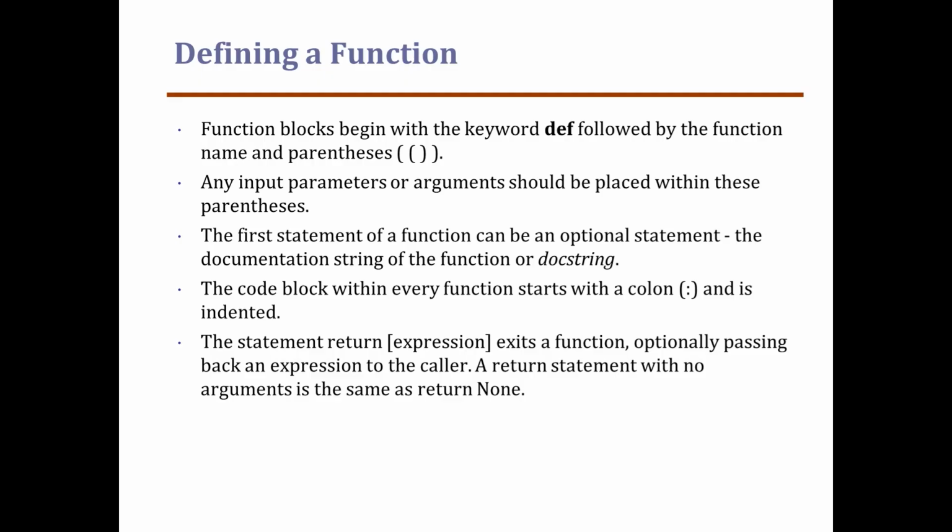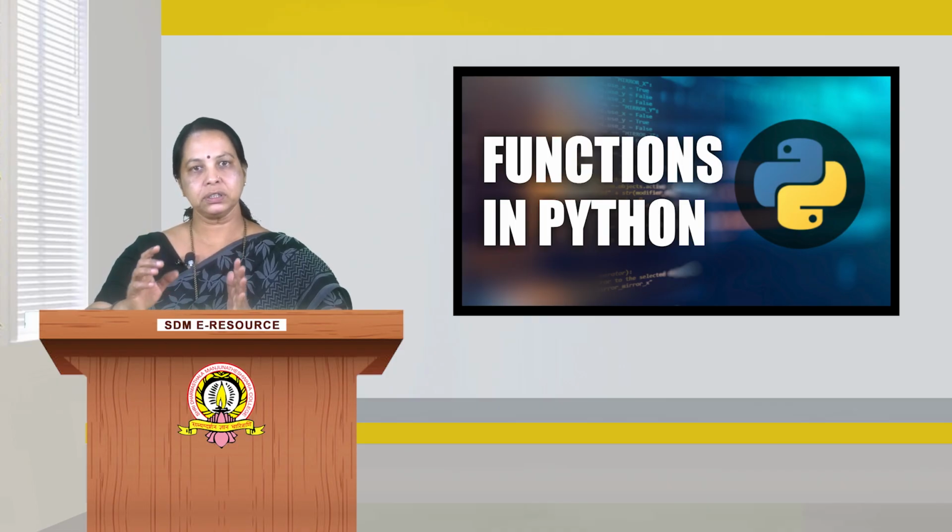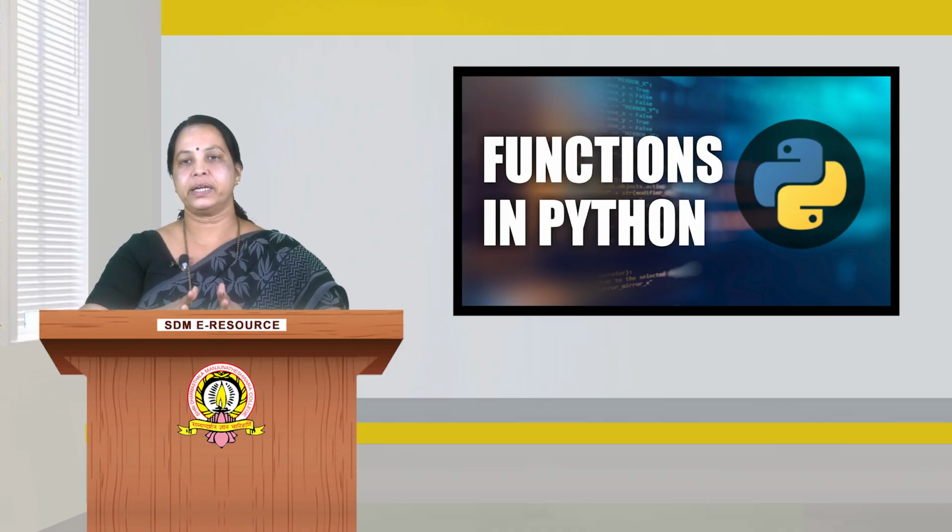So, we can just specify what that function performs. The function ends with a colon, and whenever a statement ends with a colon in Python, we need to follow with indentation. So, the body of the function should be properly indented.